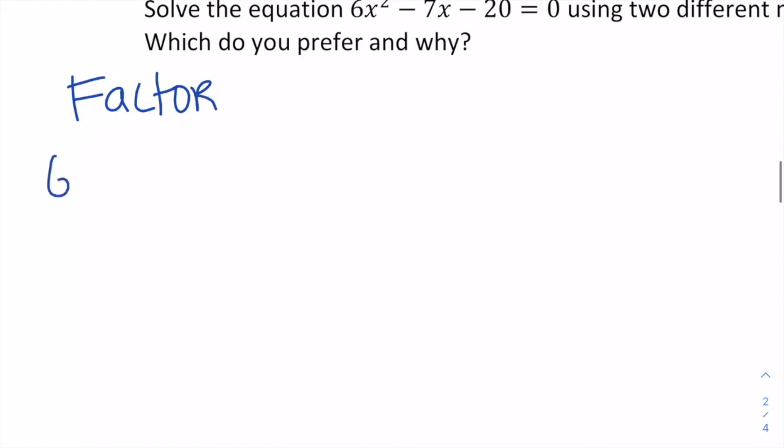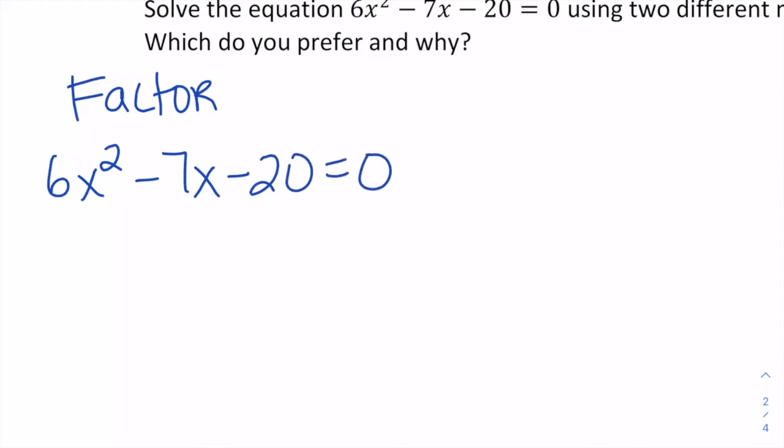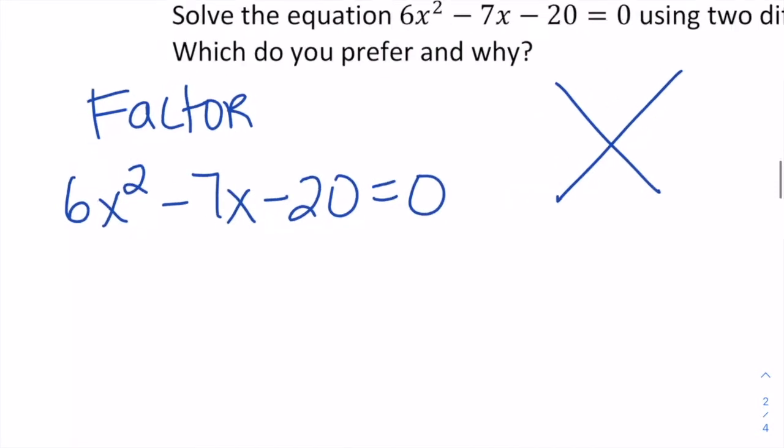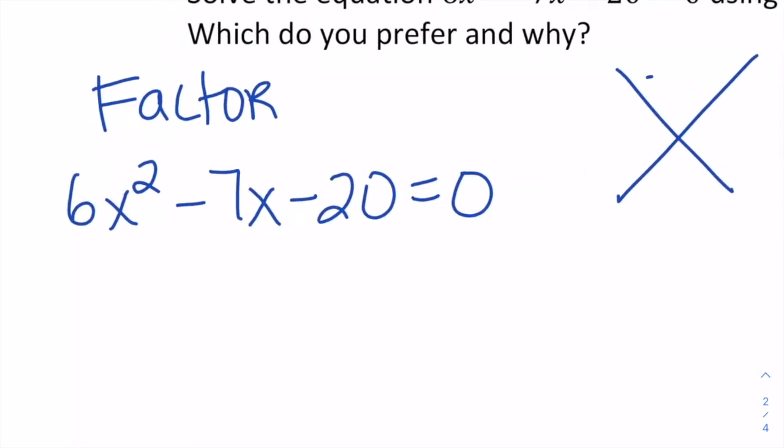Remember, we first need to look at a and c, which is 6 and -20, and we want 2 numbers that multiply to make -120, and we want them to add to equal -7.